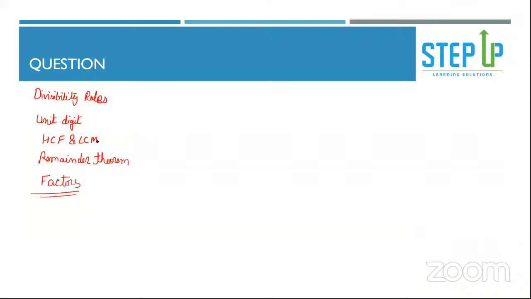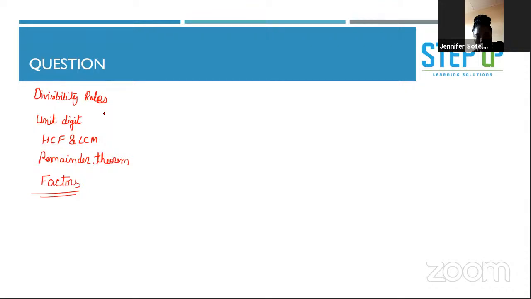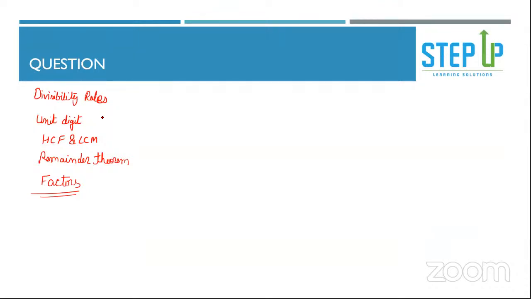Let me give a quick recap of the unit digit rule. There are 3 steps we need to follow. First step is to take the last 2 digits of the power and divide it by 4.